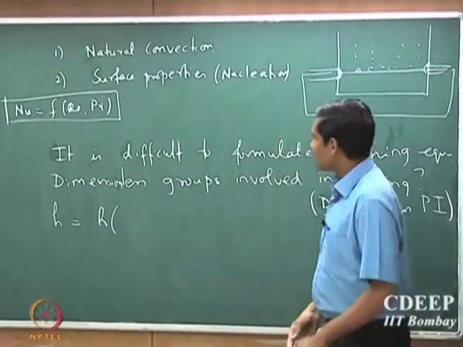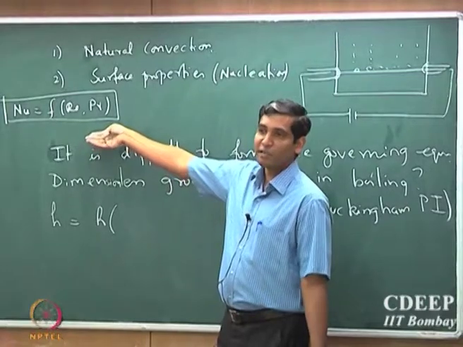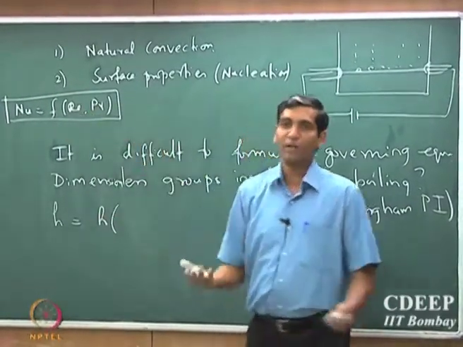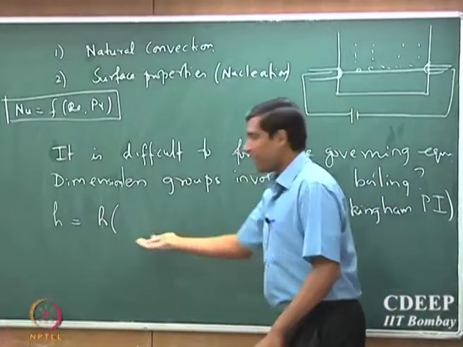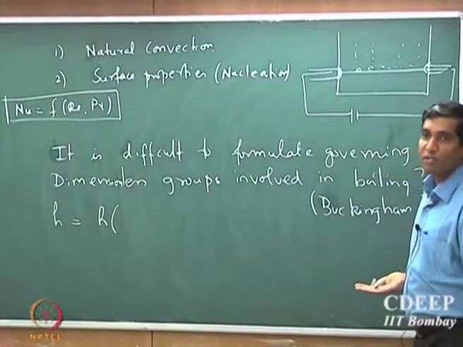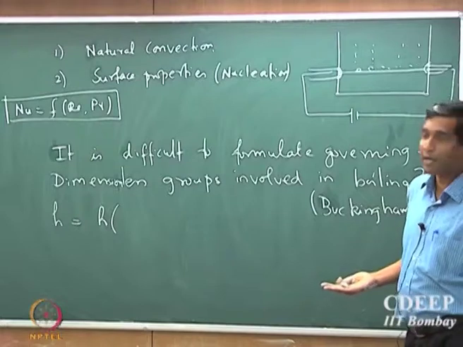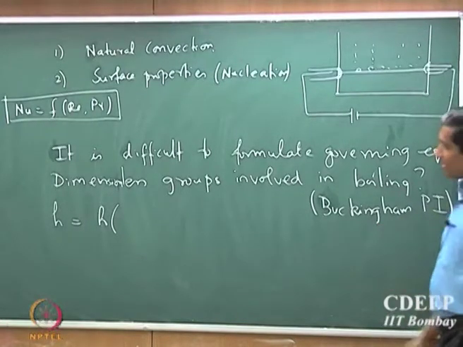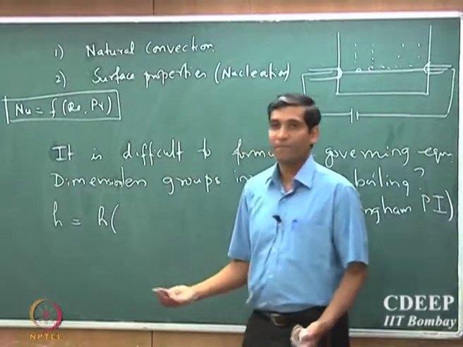So from here you can clearly see that the heat transport coefficient is a function of some combination of the properties. If we can identify the properties on which the heat transport coefficient is going to depend, we could do a dimensional analysis and find the dimensionless groups using the Buckingham Pi Theorem. So what are the properties?